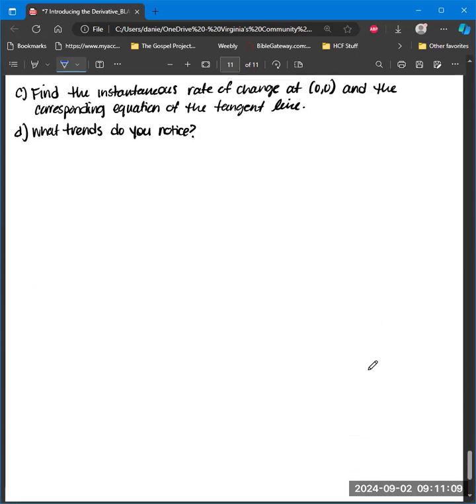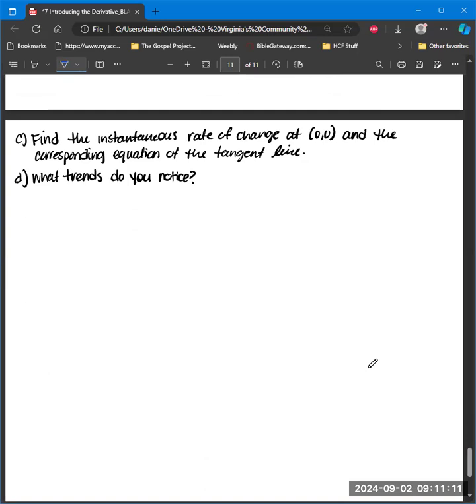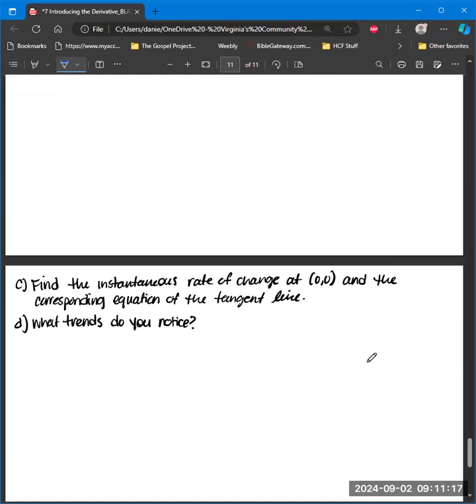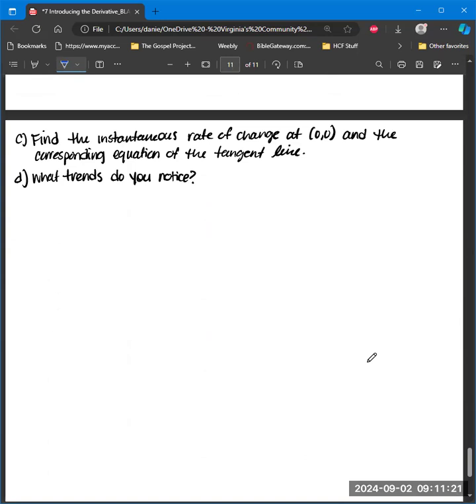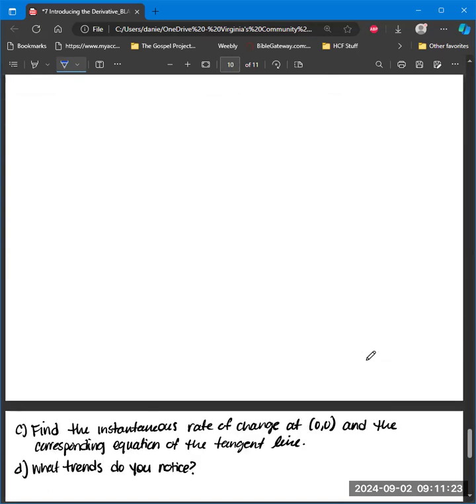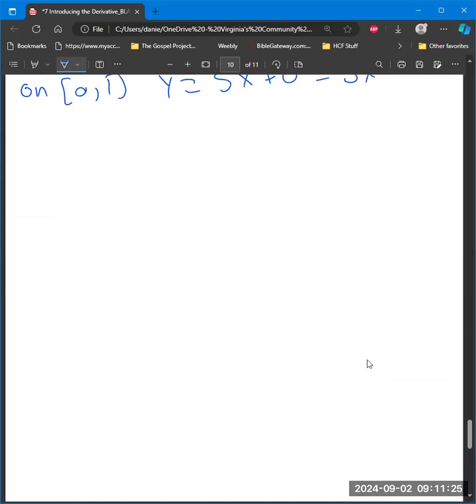Let's find the instantaneous rate of change at 0, 0 and the corresponding equation of that tangent line. So for part C here, let's just go ahead and put it up here.